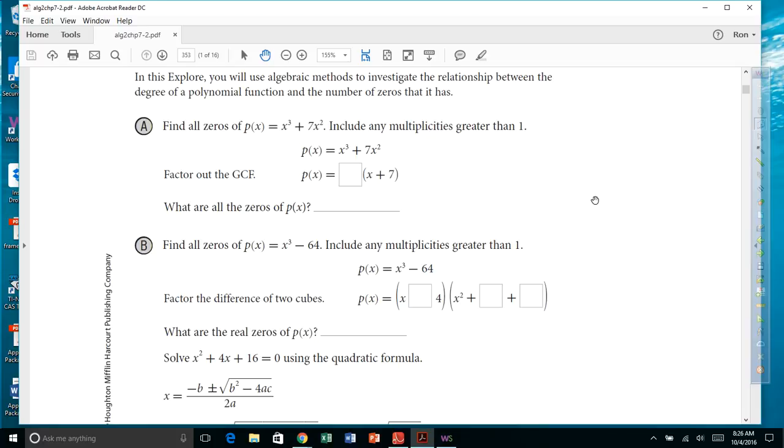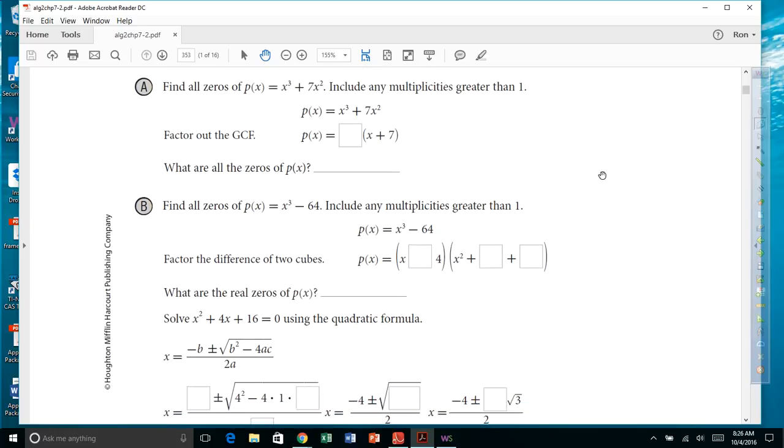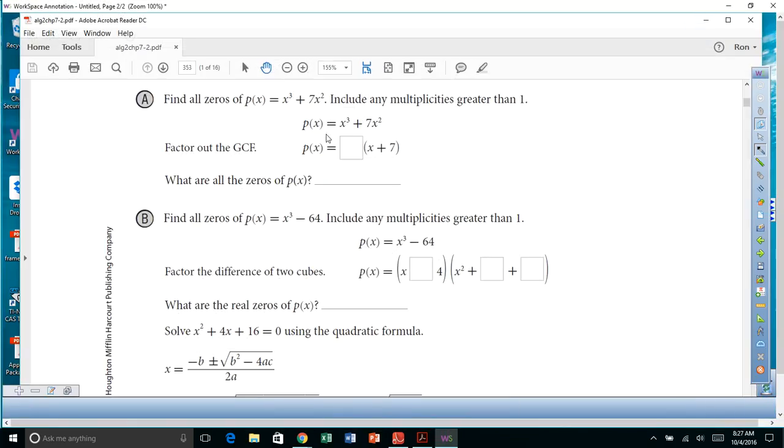So A, find all zeros of p of x equals x cubed plus 7x squared. Well, what's the greatest common factor? It says factor out the greatest common factor. The greatest common factor is x squared. So what are the zeros of p of x?